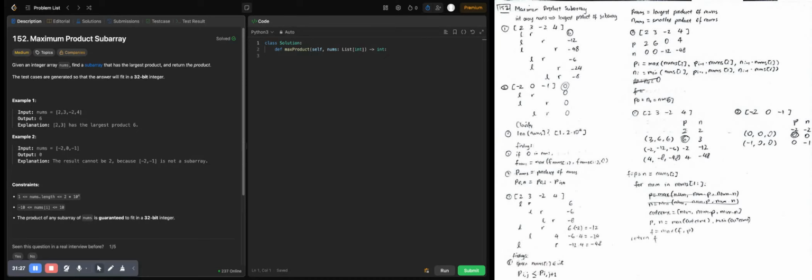Okay, actually for the solution, we could do the minimum. So the problem that complicates it is that we have a 0 here.